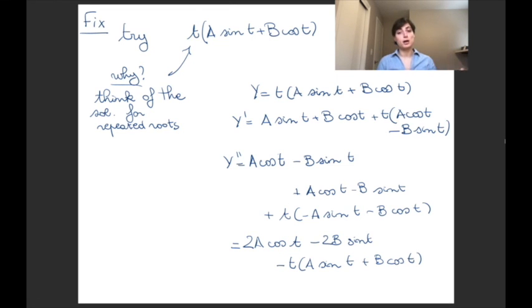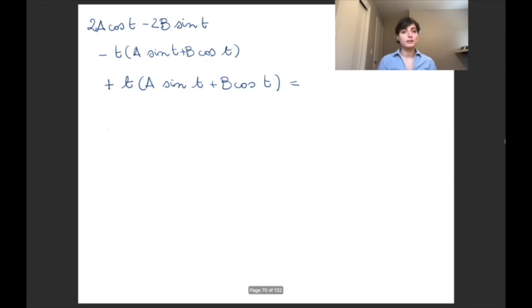So now we have y equals t times a sin t plus b cos t. We have a formula for y prime that is a sin t plus b cos t plus t times a cos t minus b sin t, and a formula for y second that is 2a cos t minus 2b sin t minus t times a sin t plus b cos t. And we plug that into our ODE.